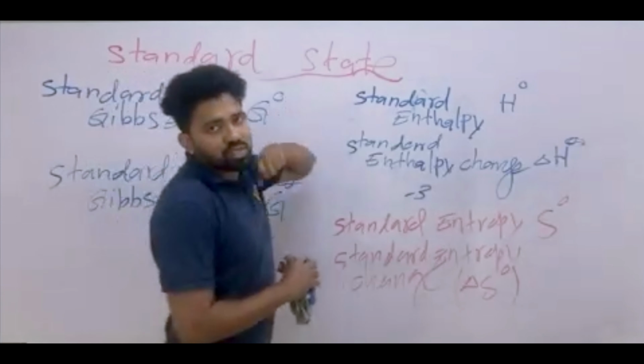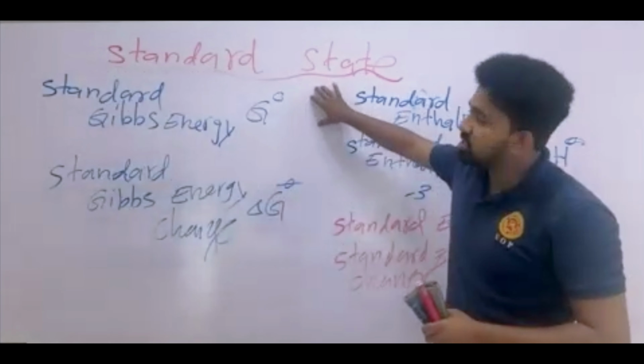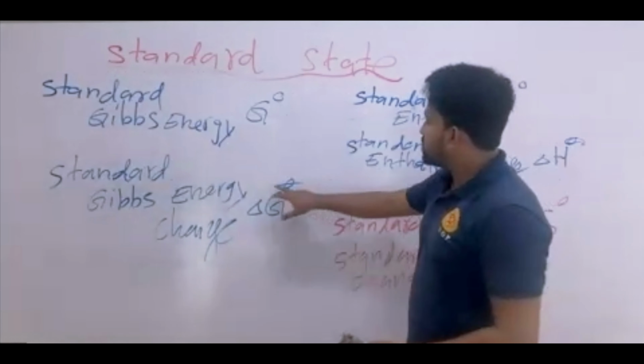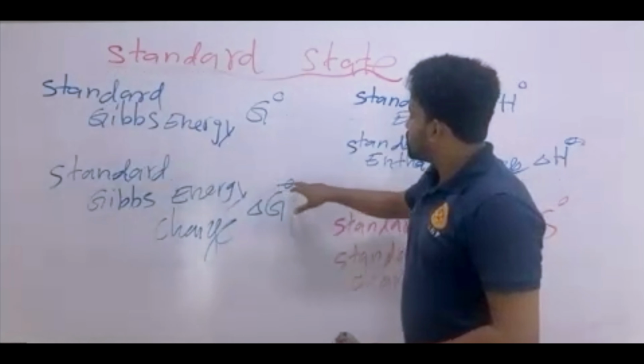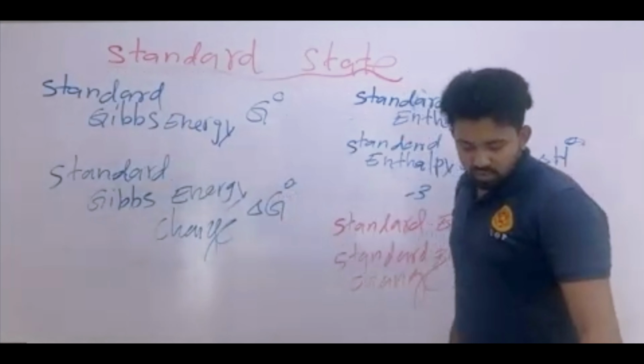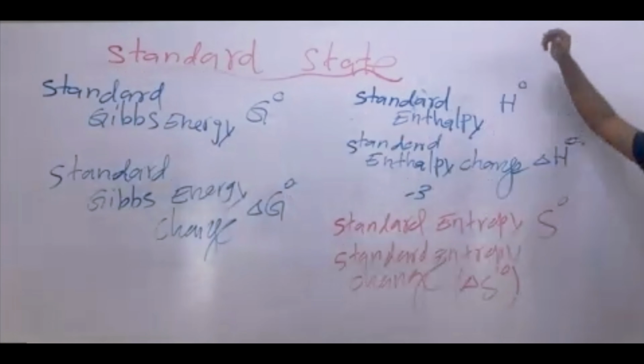If the temperature and pressure values do not match the standard conditions, we cannot use the naught there. So either you can write naught, or you can write naught and cross it out. Here I'll just write naught. So that is that part.